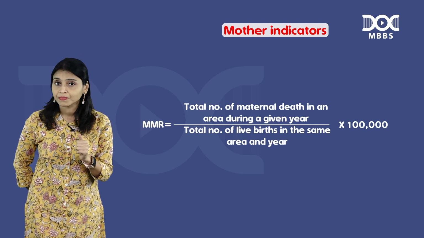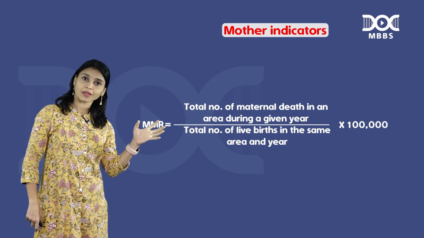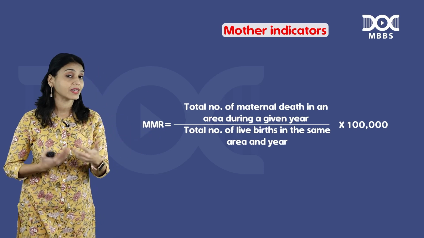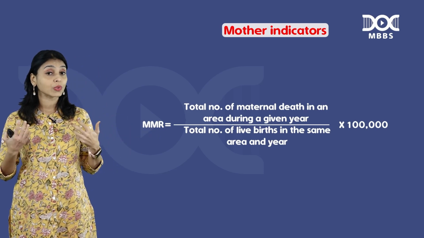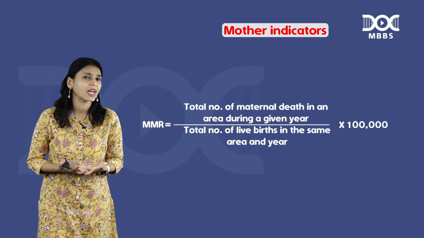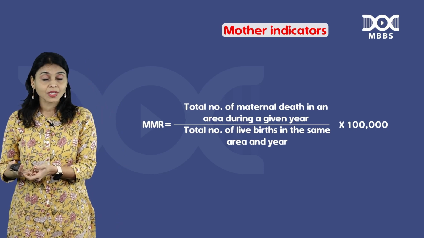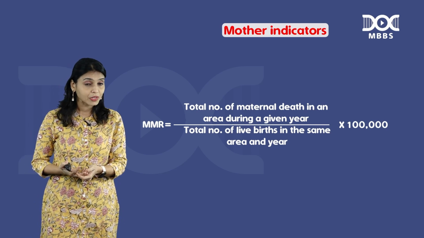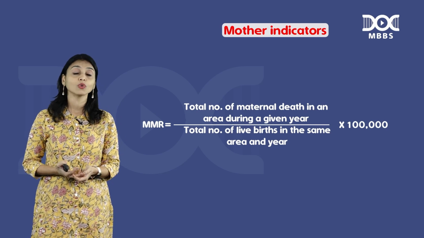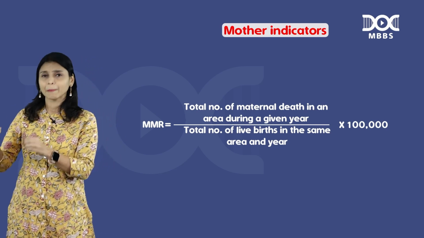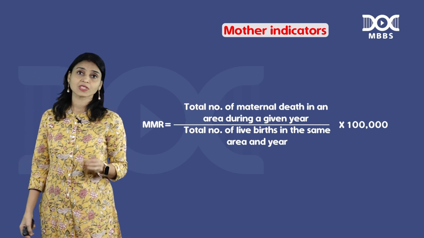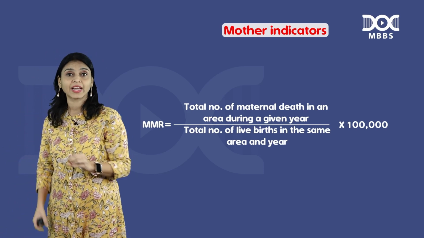May I know the reason? It was 1000 earlier when lots of maternal deaths were happening. But now, maternal health has improved so much that even after 1000 or 10,000 live births, not even a single mother is dying. So if you use 1000, you may have to depict it in decimals or fractions like 0.1 maternal death per 1000.